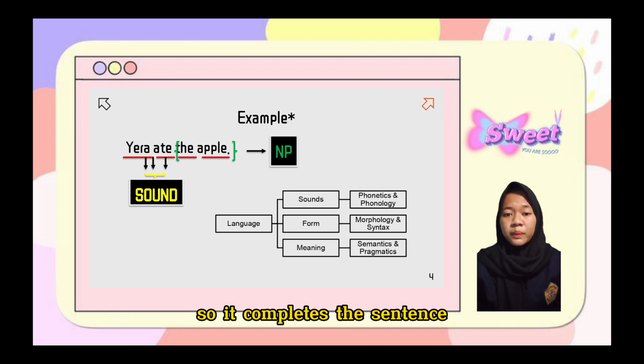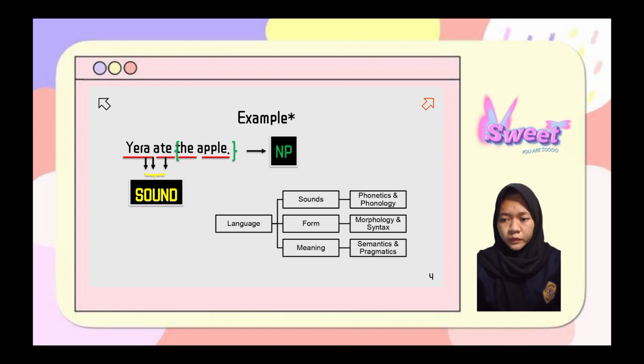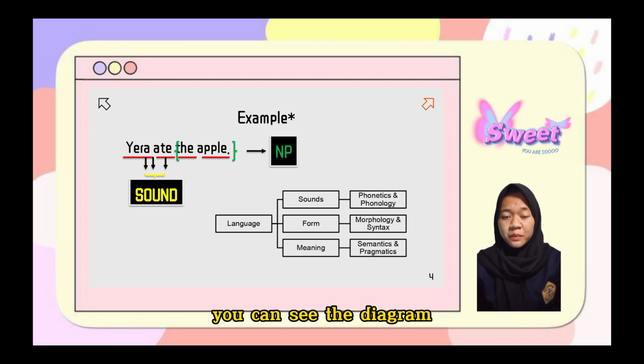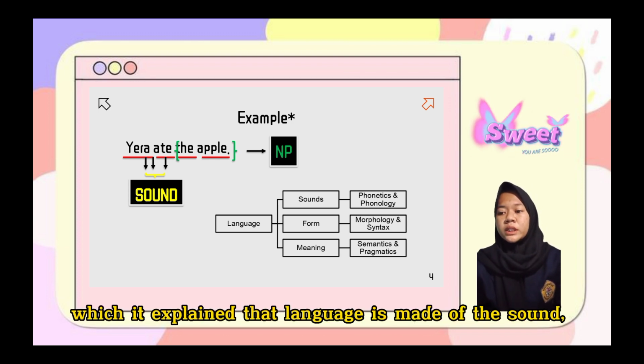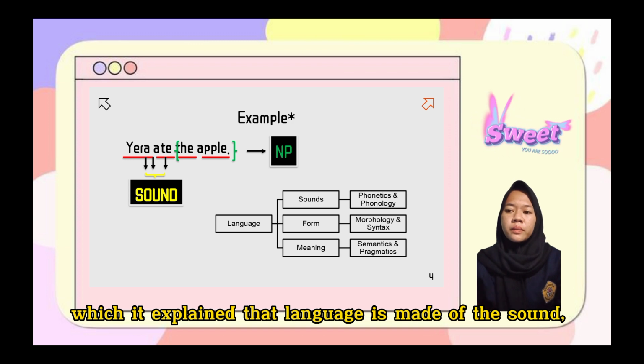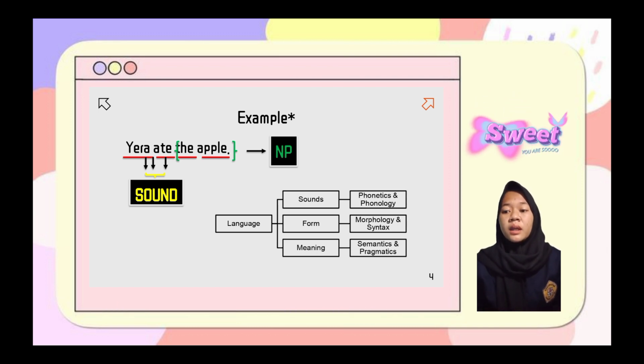So it completes the sentence. Why? Because you can see in the bottom the diagram. It's a diagram of the language faculty, which explains that language is made of sound, form, and meaning.